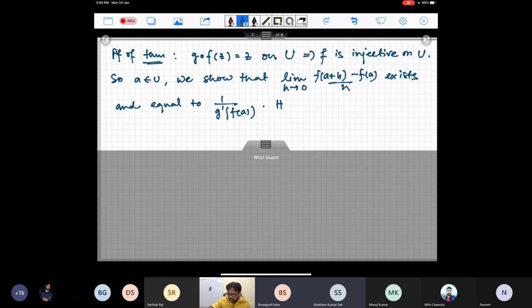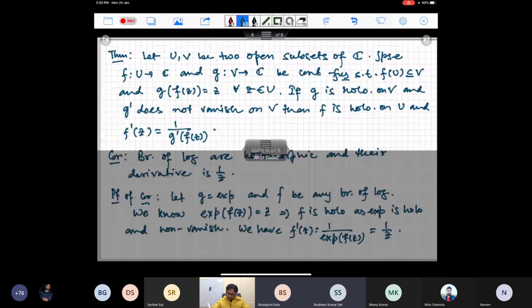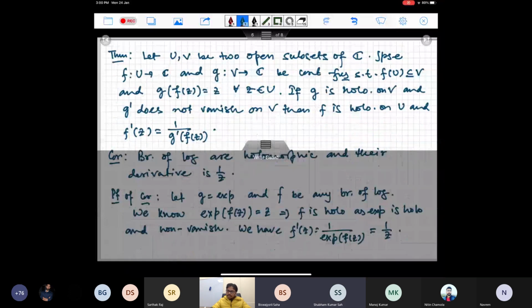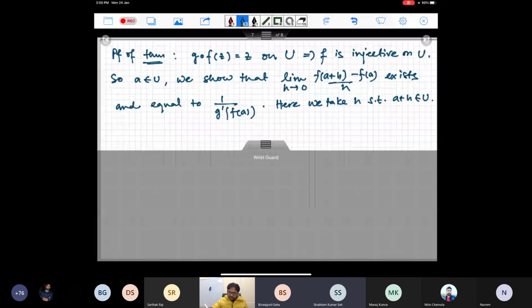Here we take h such that a plus h is also in U. Since U is an open set, generally we are taking domains, and a is a point in U, there will be a ball around a contained inside U. As h tends to 0, a plus h will tend to a, so eventually we can make sure that a plus h belongs to U. So f of a plus h is fine, there is no problem.